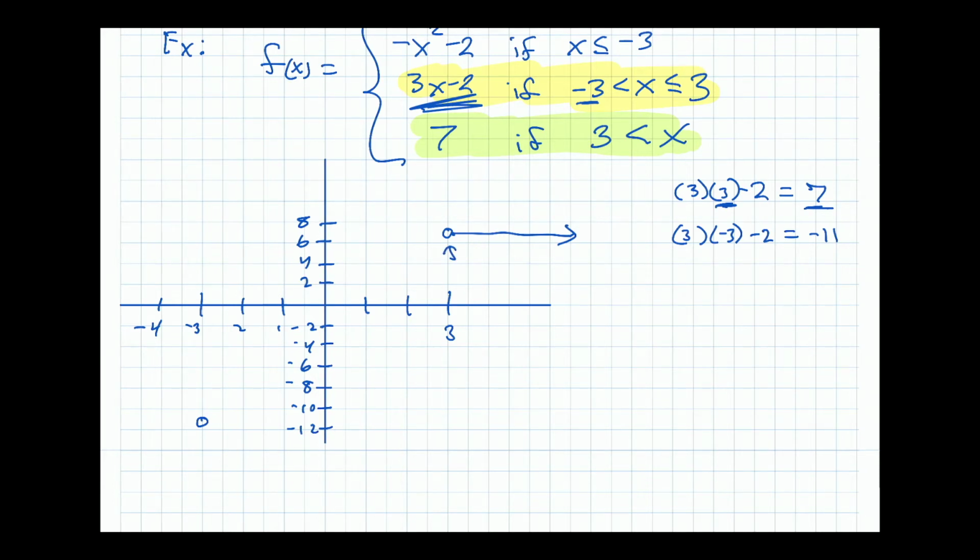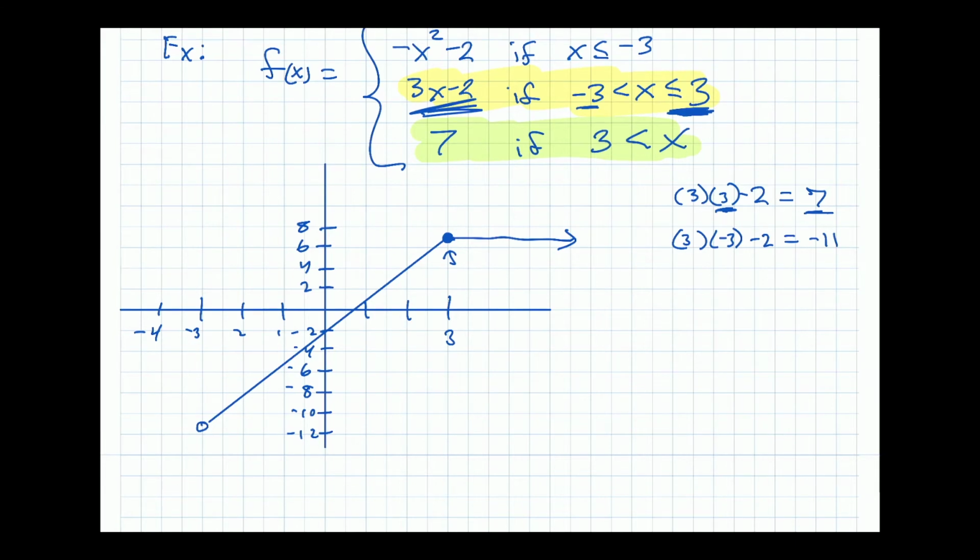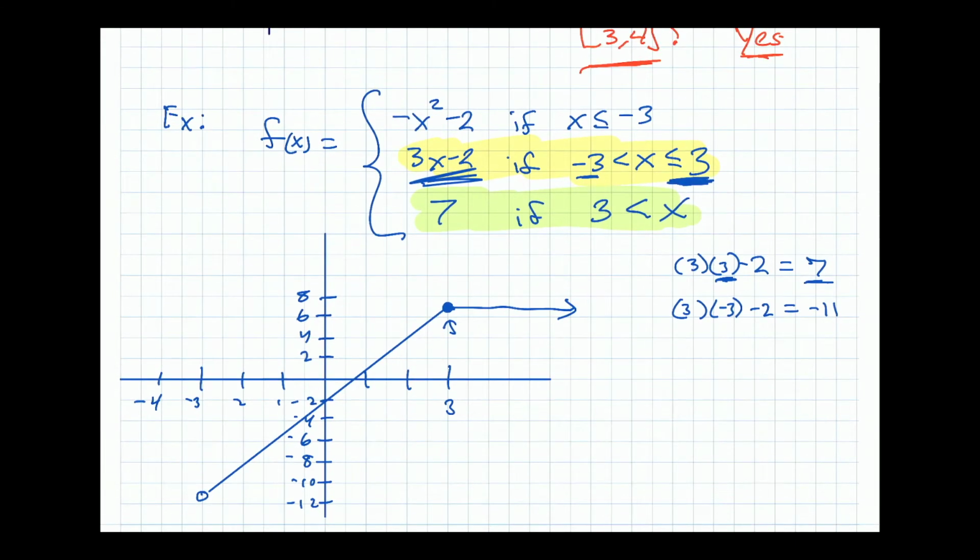So we connect the dots here, but this one should be a solid dot, because that's the equals 3. That fills in that empty circle. Then we're on our last function here.